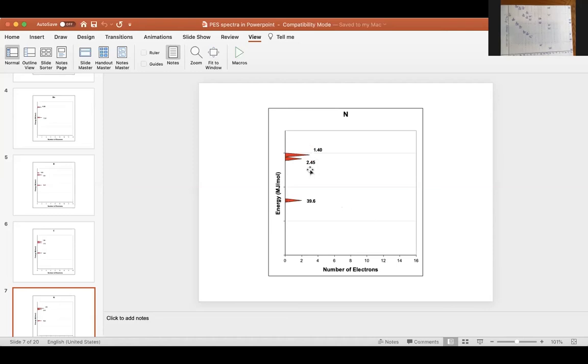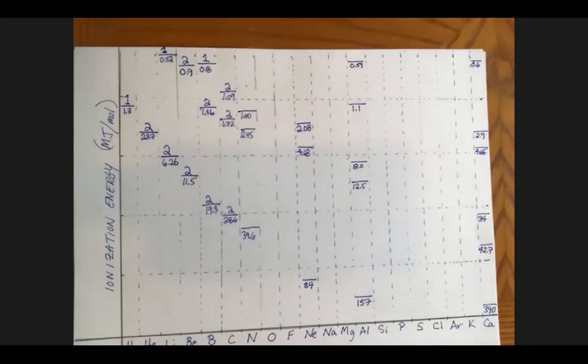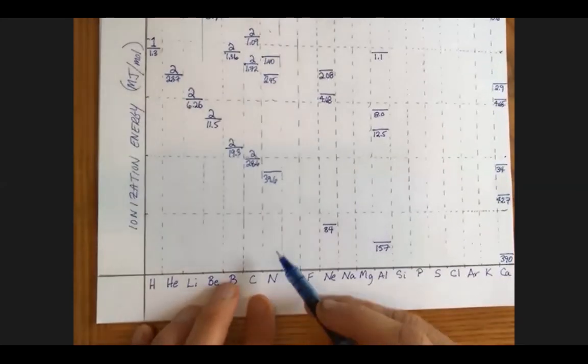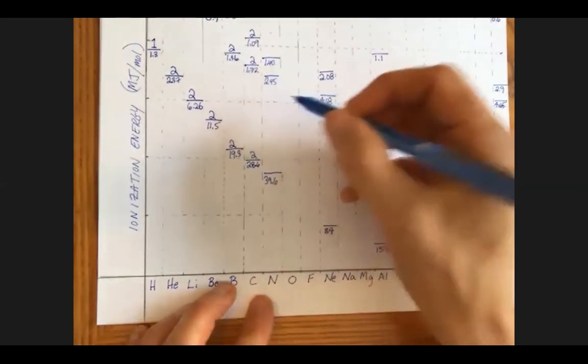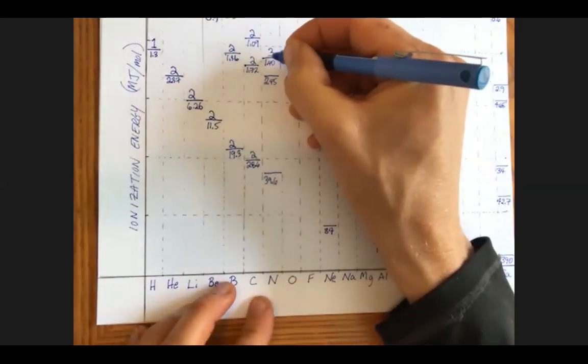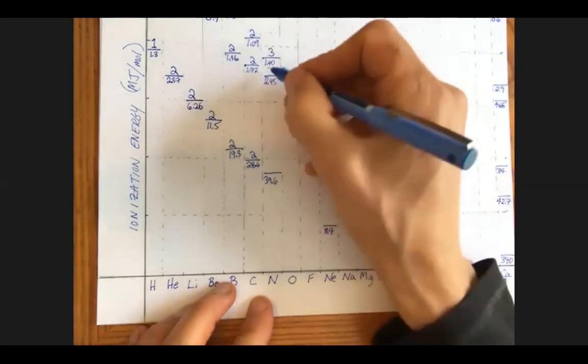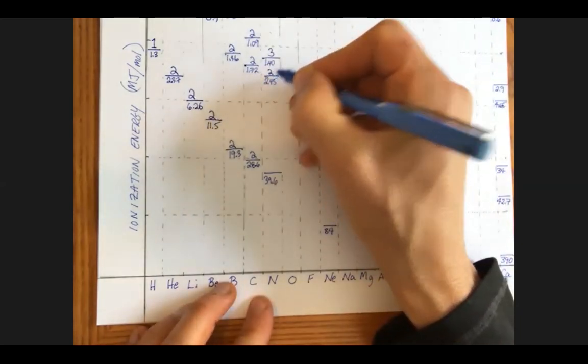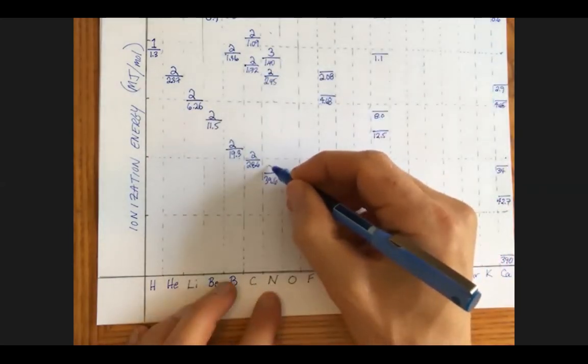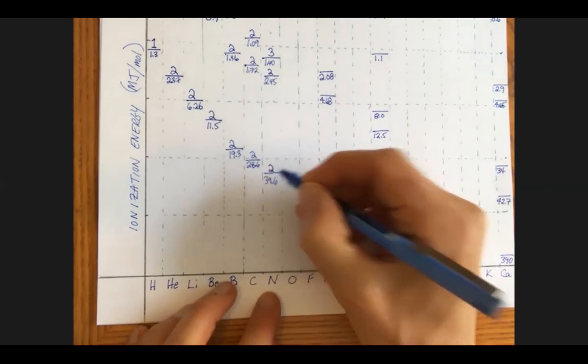In the second peak, we've got 2 electrons, and in the third peak, we've got 2 electrons. And so when we fill that in on our PES graph, we're going to match that. So we find nitrogen. At 1.4, there were 3 electrons. At 2.45, there were 2 electrons, and 2 electrons at 39.6.